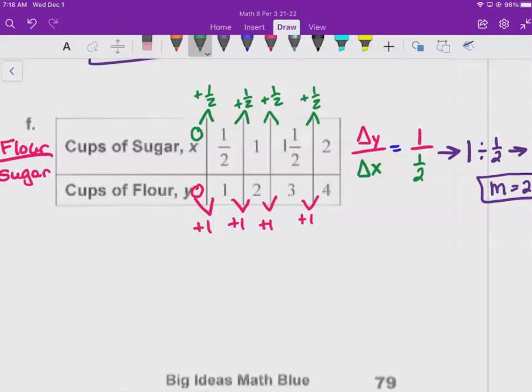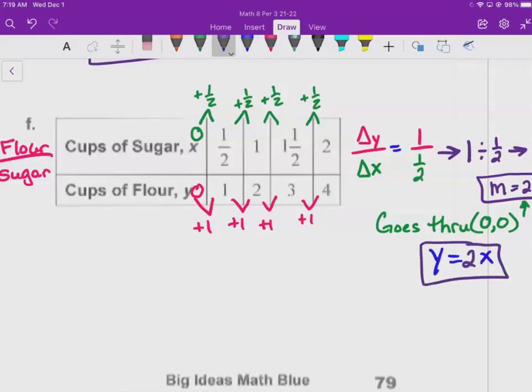This goes through 0, 0. So we've met our 2 criteria. Goes through 0, 0, we just showed that, and has a constant rate of change, which is our slope. So we know that we can write the equation y equals mx, because all we've got to do is plug in our 2.